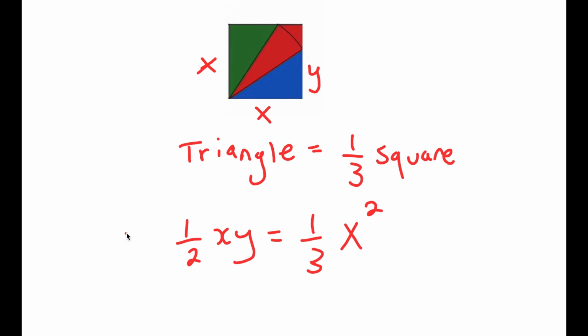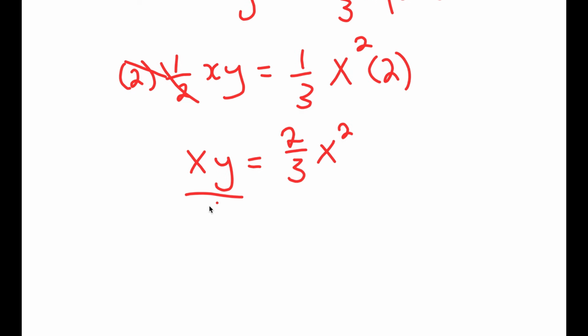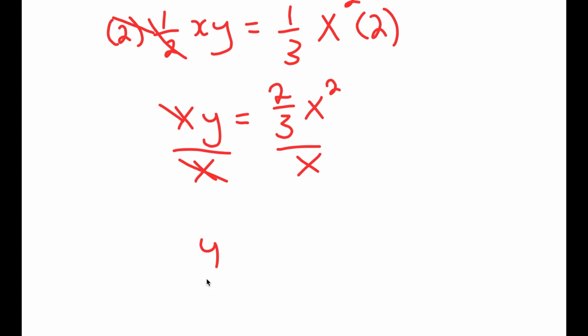Now what I'm going to do is multiply both sides by 2. So then these two cancel out, and I get x times y is equal to 2/3 x squared. Now I can divide both sides by x. So then these two cancel out, and I get y is equal to 2/3 times x.